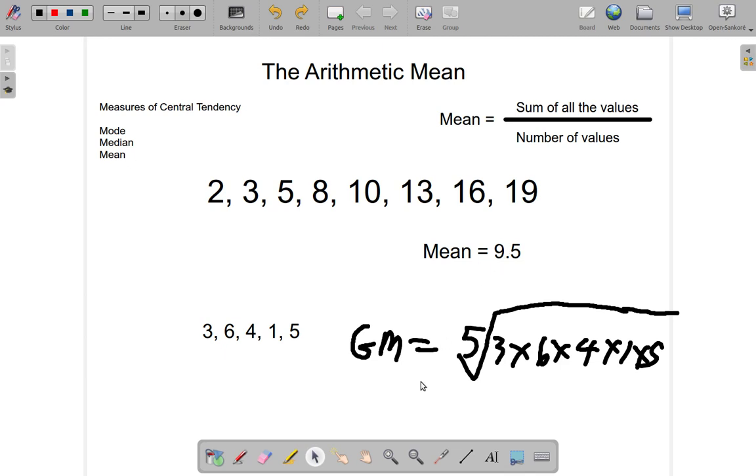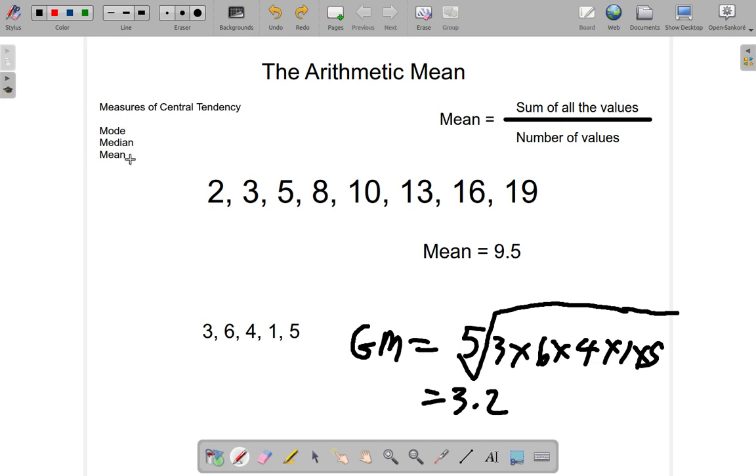So the geometric mean would be equal to 3.2. Alright? So I'm just pointing out the reason why you see the term arithmetic mean. Sometimes you might call it the average, right? But there's more than one type of average.